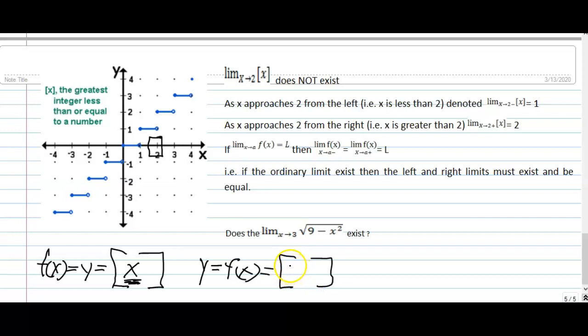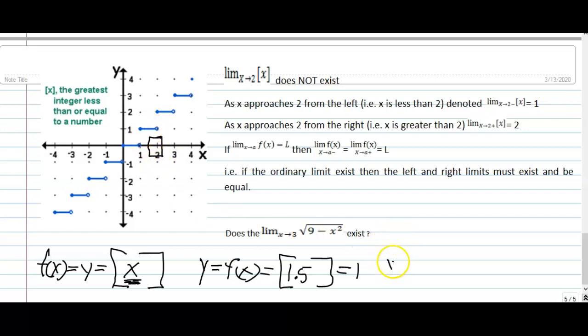So suppose x was 1.5. Then the greatest integer less than or equal to 1.5 would be 1. So if x is equal to 1.5, then y would be equal to 1.